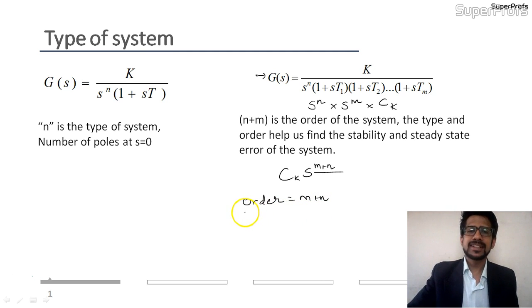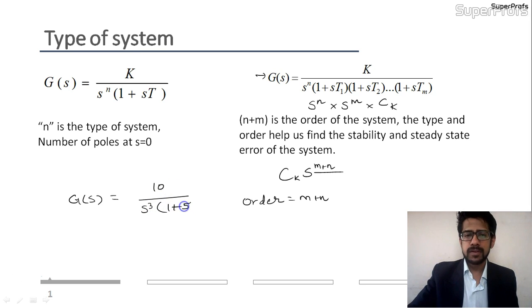For any given system G(s), let it be like 10 upon s raised to 3 into (1 plus 5s) into (1 plus 2s), what is the order for this particular system?